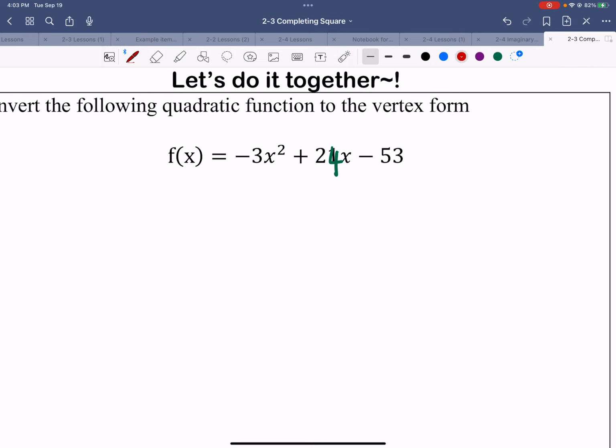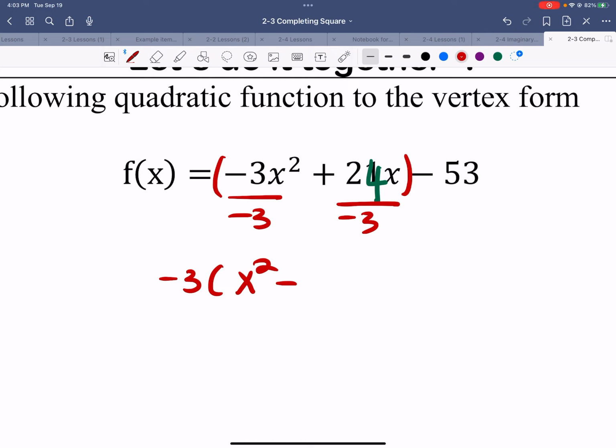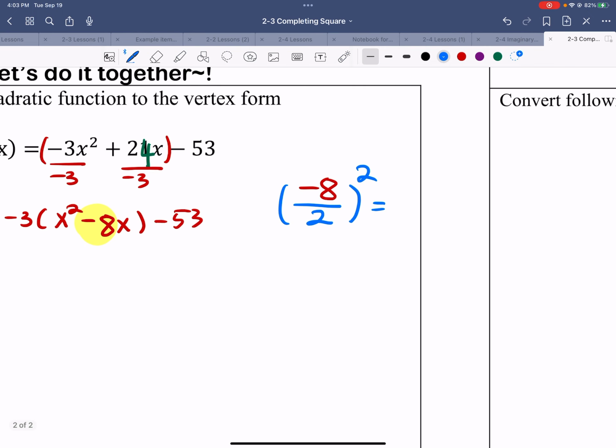So step number 1: set up parentheses, and divide each number by -3. So you get -3, x squared minus 24 divided by -3 is going to be -8, minus 53. Then what's the next step? You take this number and always divide by 2 and then square it. So let's do it. What's -8 divided by 2? -4.